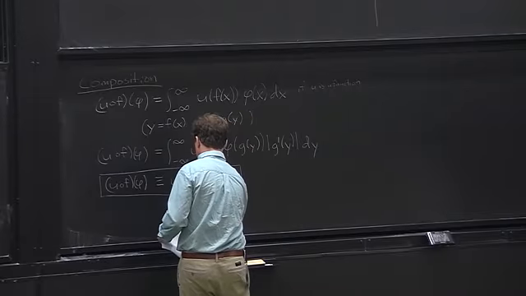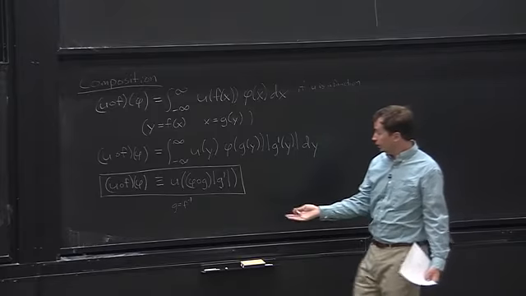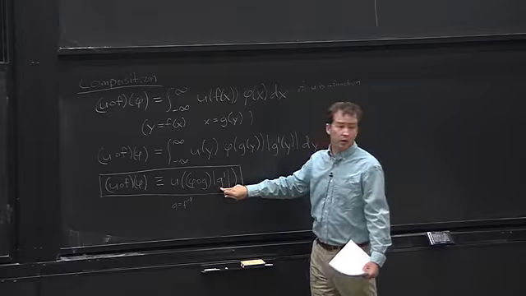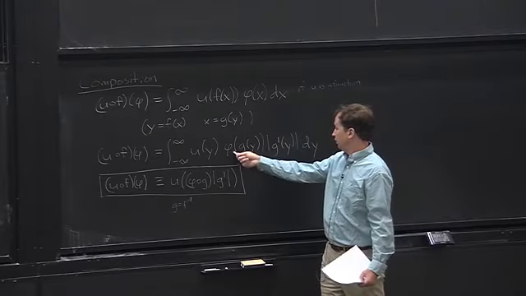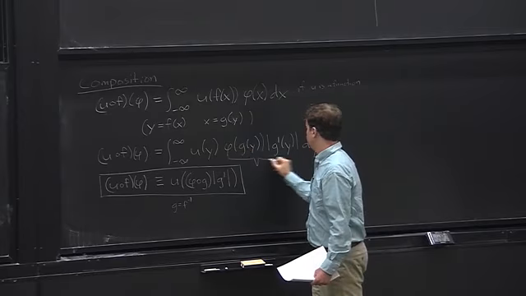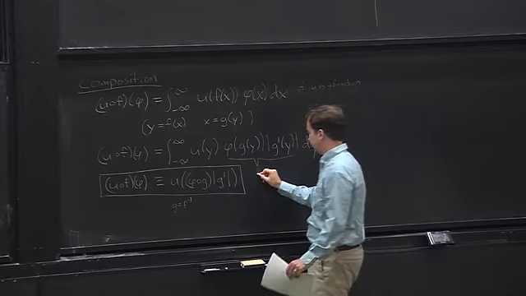And g is f inverse. And this makes sense for an arbitrary distribution as long as this phi of g times g prime is a test function. So we need this to be a test function.